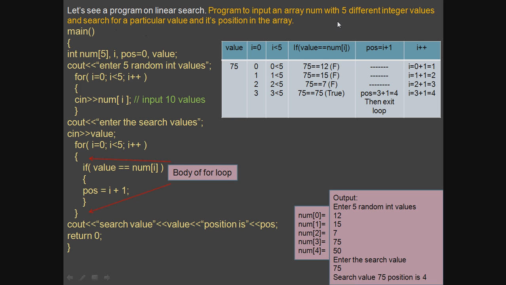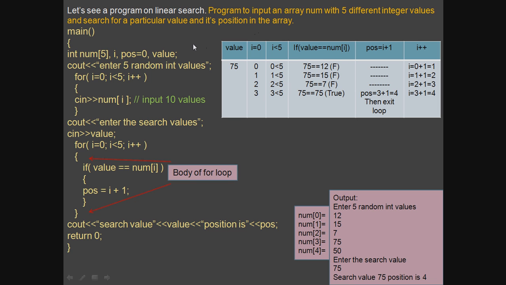Out of those 5 values, you will search for a particular value. It may be one of these values, or it may be a different value which does not match any of them. That is possible. You also have to find the position in the array where it lies.